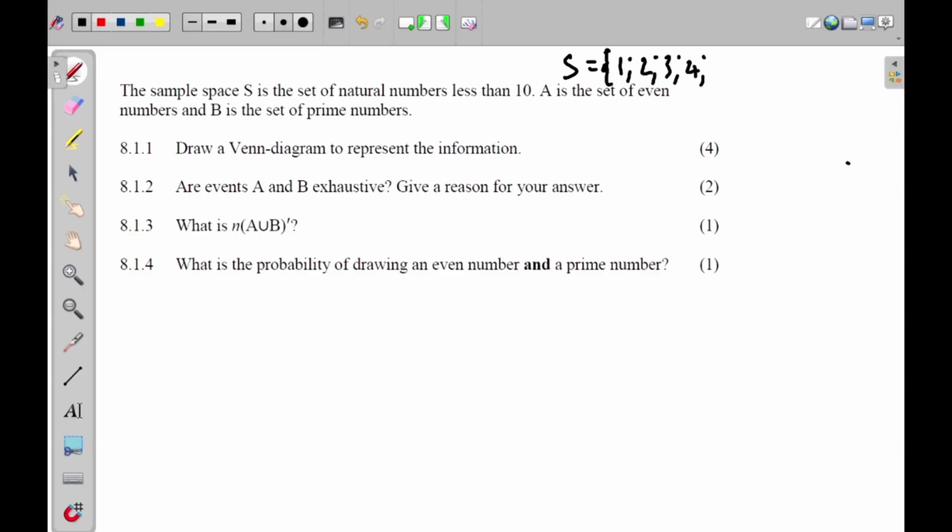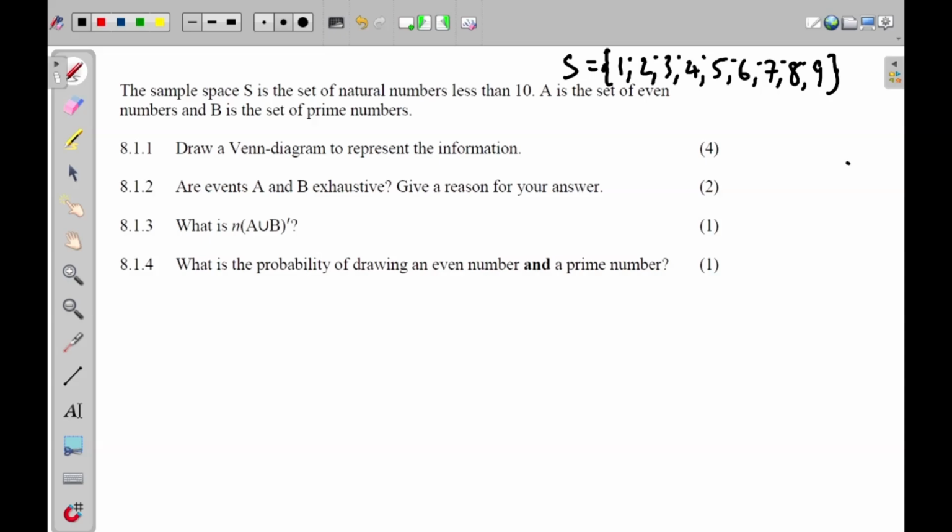So natural numbers less than 10: 1, 2, 3, 4, 5, 6, 7, 8, 9. We cannot include 10 because they said less than 10, smaller than 10. So 10 is not part of this.